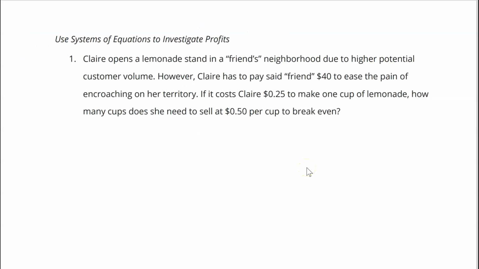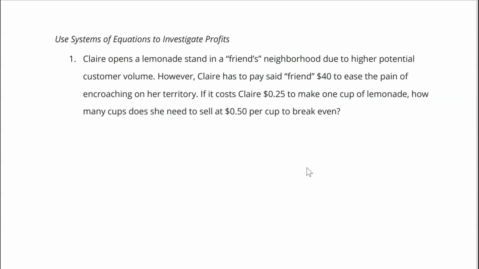Another example. Claire opens a lemonade stand in a friend's neighborhood due to a potential customer value. However, Claire has to pay said friend $40 to ease the pain of encroaching on her territory. If it costs Claire $0.25 to make 1 cup of lemonade, how many cups does she need to sell at $0.50 per cup to break even?